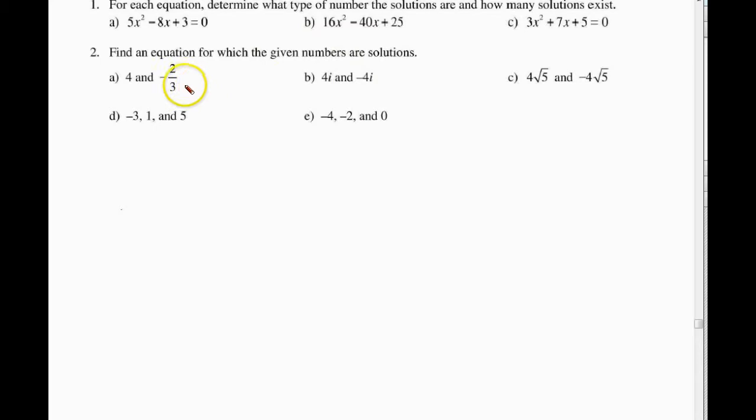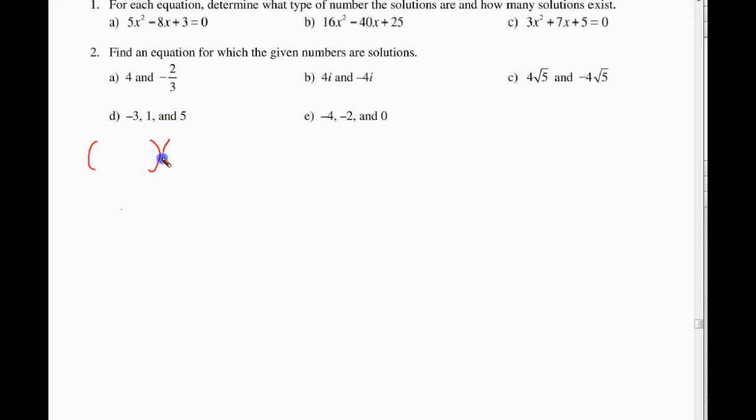But they're wondering if we have the answers, can we figure out what the original equations were? And there is a strategy. And the thing is, we just work backwards from what we have.